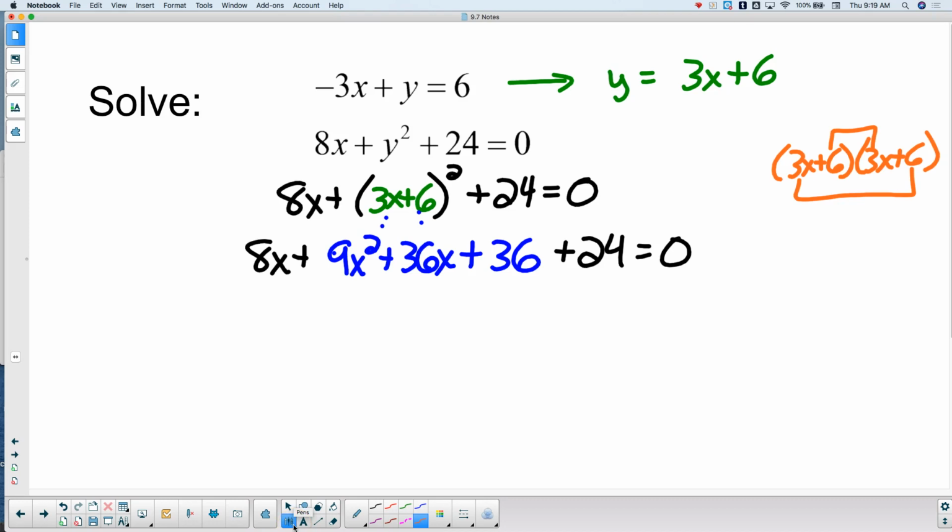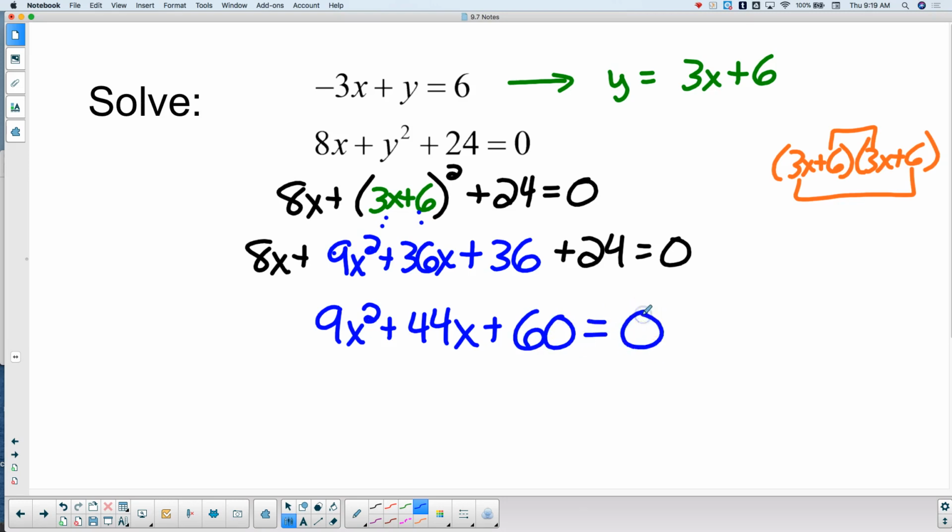So then this becomes 9x squared plus 44x plus 60 equals 0. I like to start in the middle. 3x, 3x.